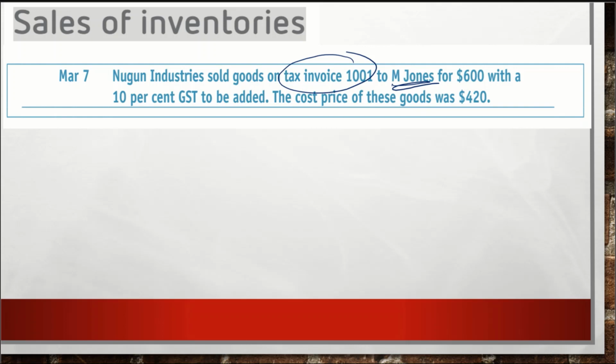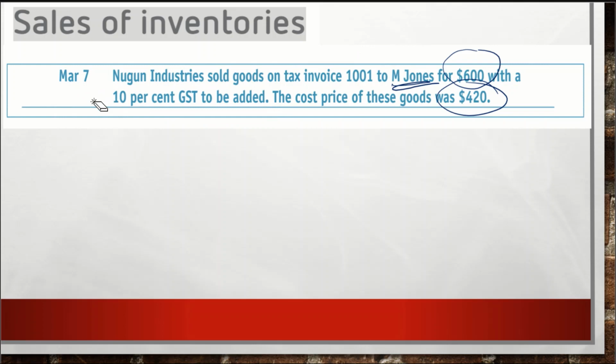It said we gave them an invoice. So we know we sold goods to M. Jones for $600. We still have to add the 10%, which means this amount is GST exclusive. So we have to calculate that. And then the second part is the inventories decrease with the cost price of $420.